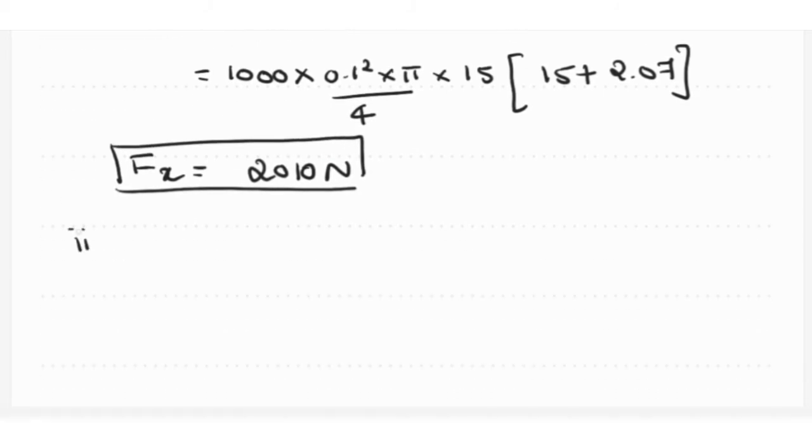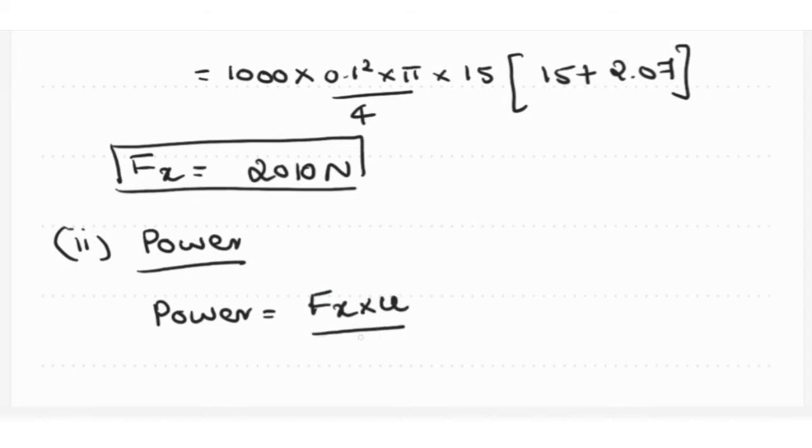So let us go with the second one. That is power is equal to Fx into u divided by 1000. So Fx is equal to 2010 into u is 5 divided by 1000.